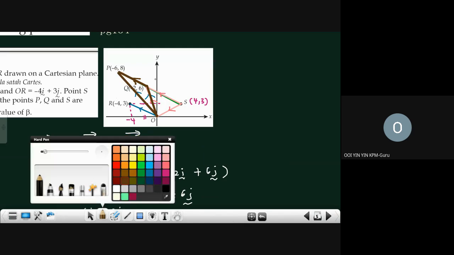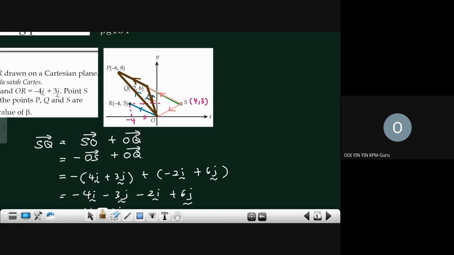Okay, that means starting from my Q to my O, this direction, and then from my O to my P, this direction. Okay, 看到吗? Okay, so it's your Q. This one is your Q 啦. Okay, Q to O, O to P. Okay, get it? Q to O, O to P. Okay, like this.